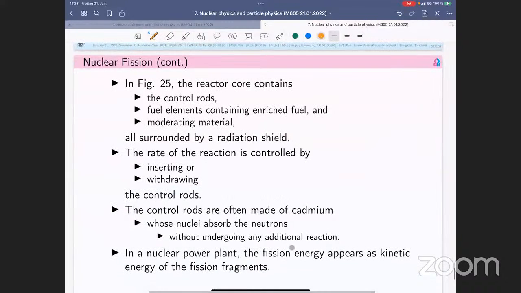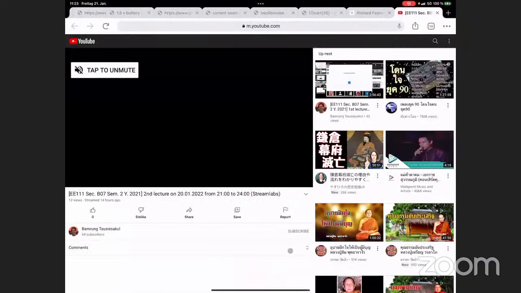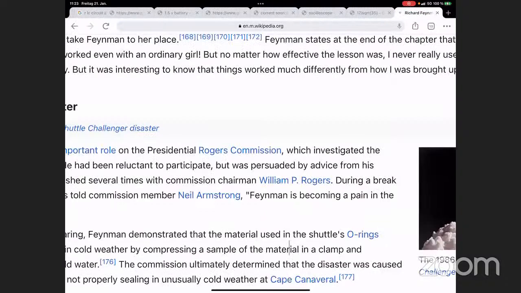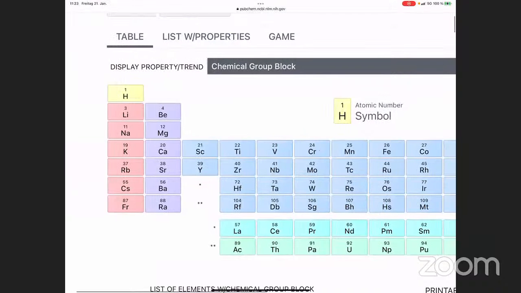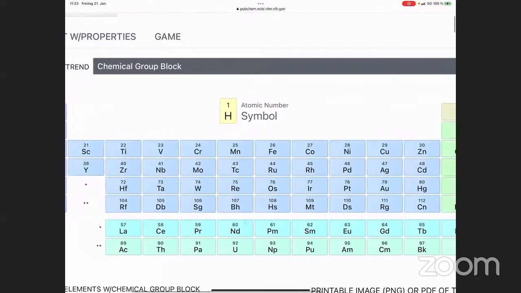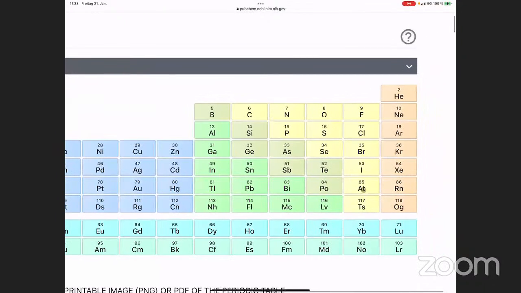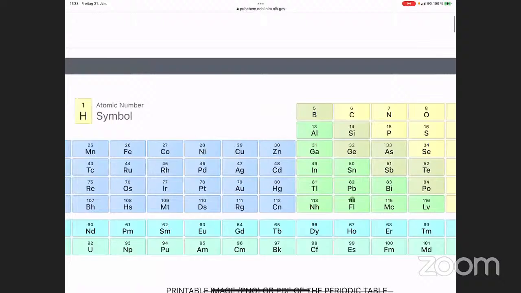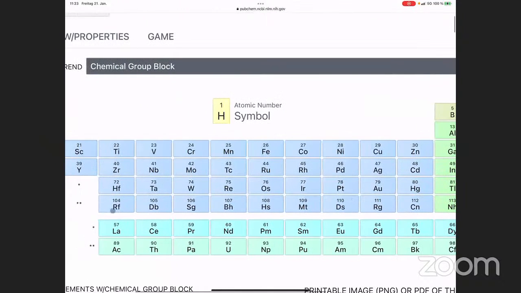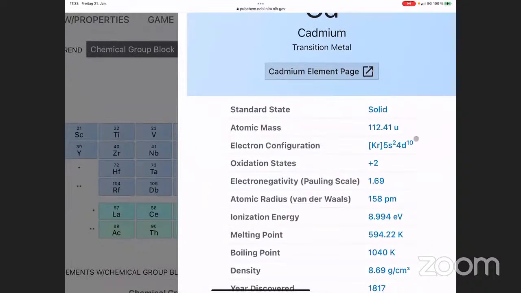Where is cadmium? Cd, cadmium, right? Where is that on the periodic table? Okay, cadmium is a transition metal.